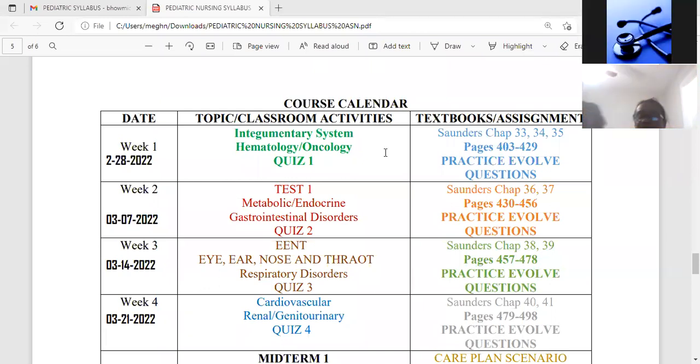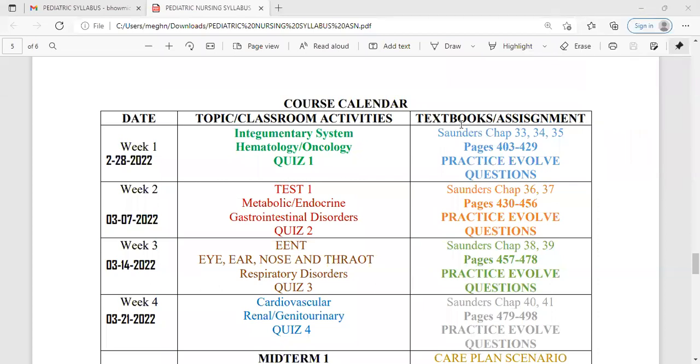Here we can see the date, the classroom activities, and also the related textbooks and assignments. I will explain everything one by one.